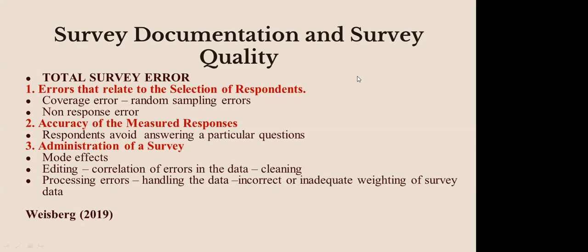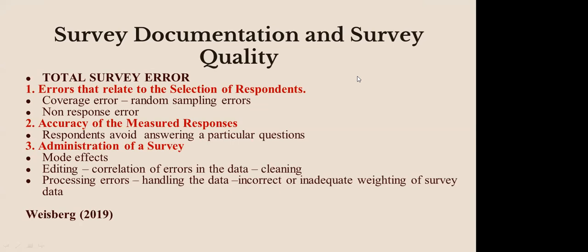Remember, dear fraternity from my academia, that no survey comes without error. All surveys have their own types of error associated with them. So you don't have to worry that your survey should have no error. No, it never happens. Survey errors are part of survey documentation and survey quality.